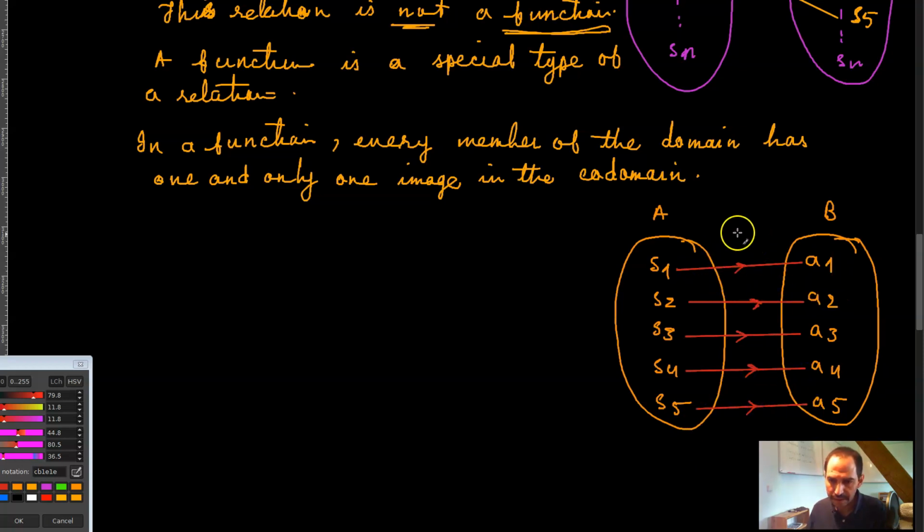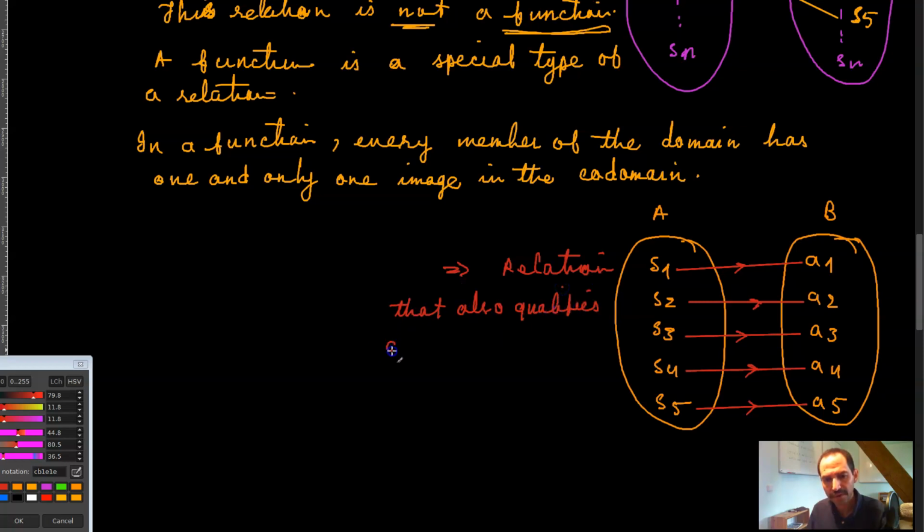You can see that in this situation, every member of the domain has one and only one image in the codomain. So this has one and only one image, this one has one and only one image, and so on. So this is of course a relation, and it's a relation that also qualifies as a function.